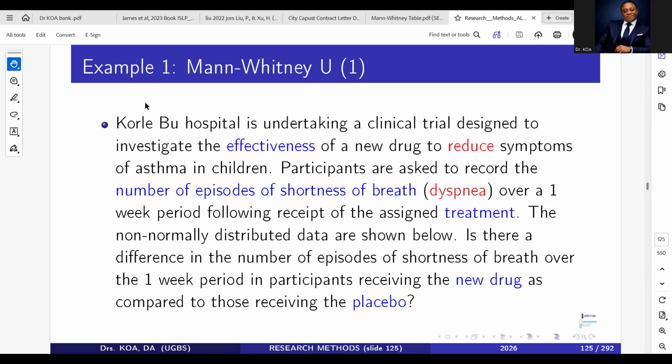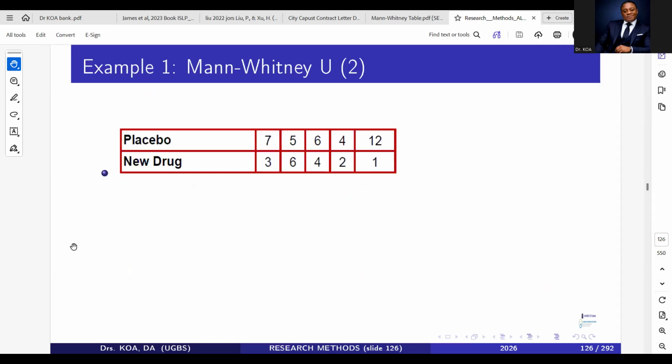If it looks like this, it means it's skewed. And if it is skewed, then you are going to use the Mann-Whitney U-test or the Wilcoxon rank-sum test. Now, you guys don't have the time to calculate, but one way you can do it is either you use a kernel density plot, the one I just used, or you can use a histogram.